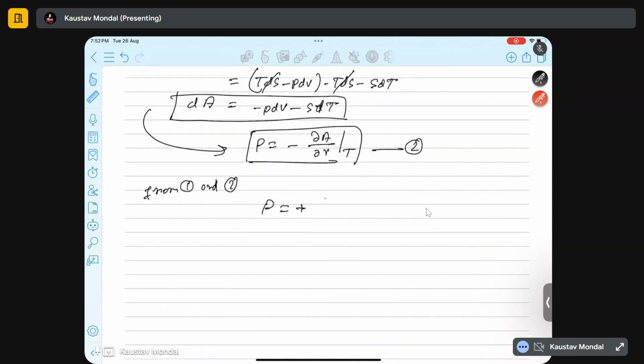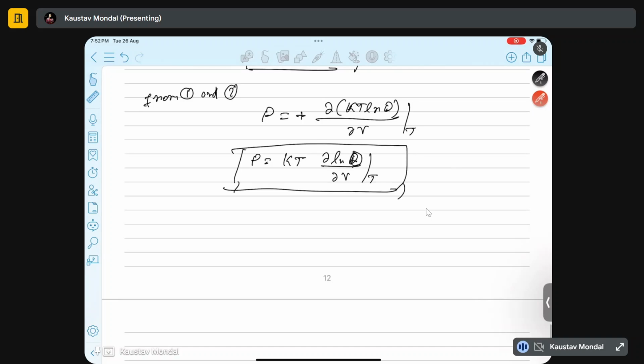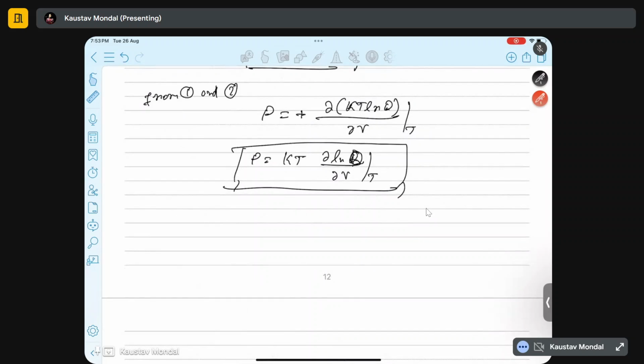It will become kT ln Q, so delta of kT ln Q by delta V at constant temperature. So pressure will be kT into delta of ln Q by delta V at constant temperature. This would be the expression of the pressure in terms of the canonical partition function. This is how we can get the expression of the pressure.